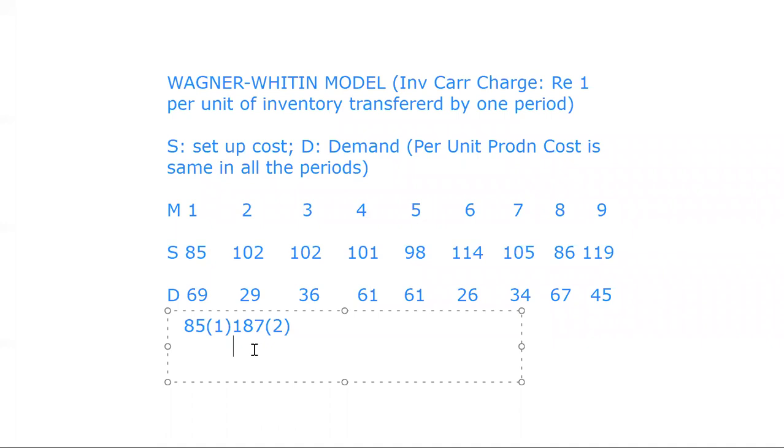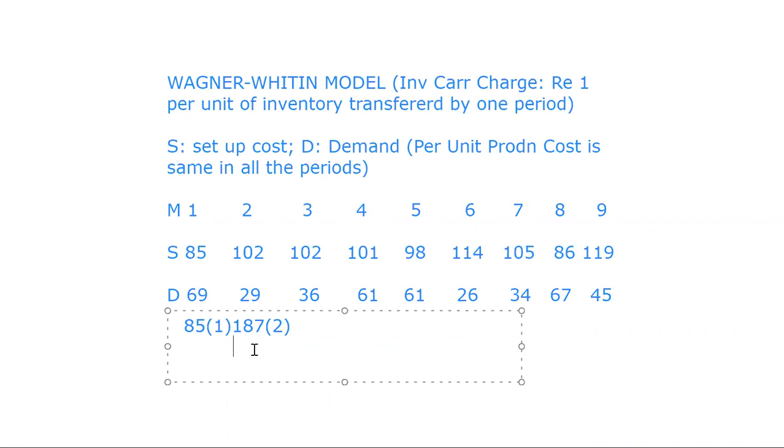Sorry, 85 plus 69 into production cost. As we said that the production cost is the same for all the periods. So in the first period, I am producing 69 plus 29. That production cost is ignored because anyway I am going to produce for the entire 9 periods. Production cost is the same, so it is ignored.